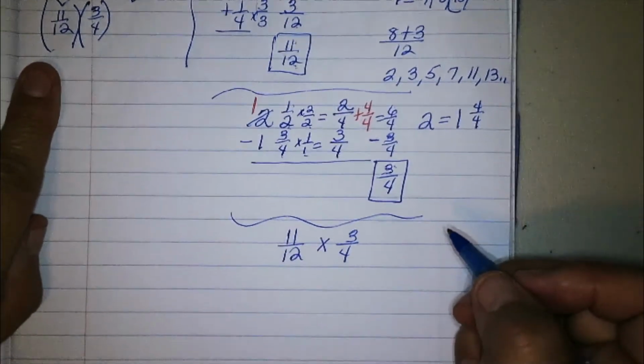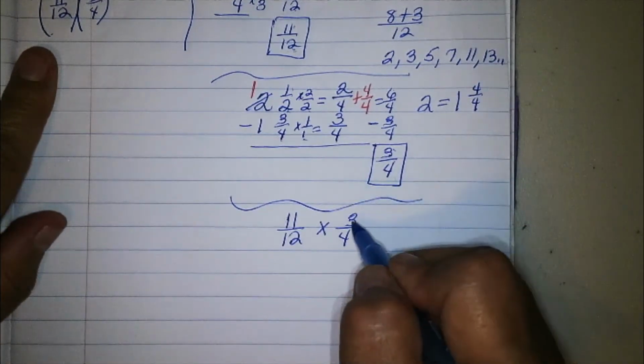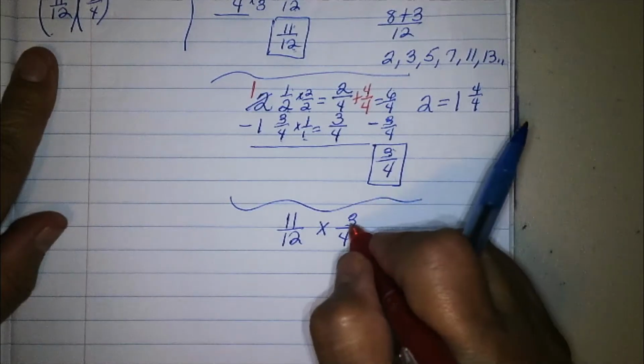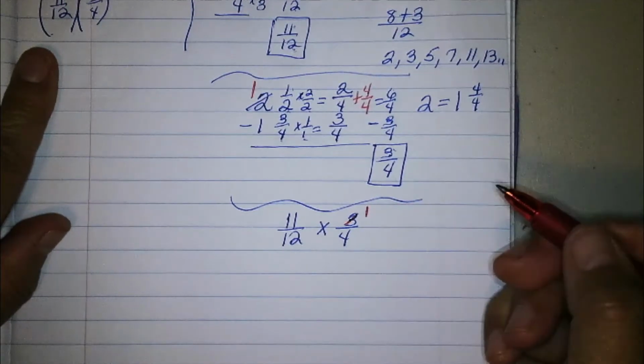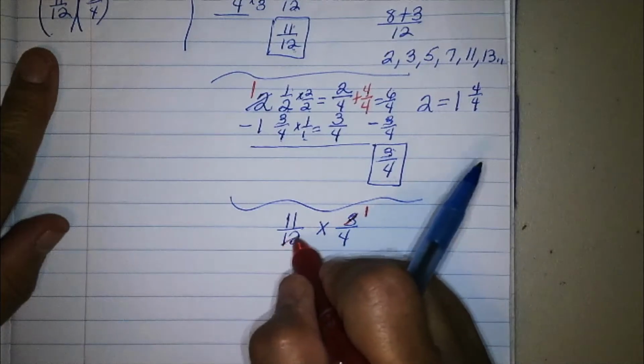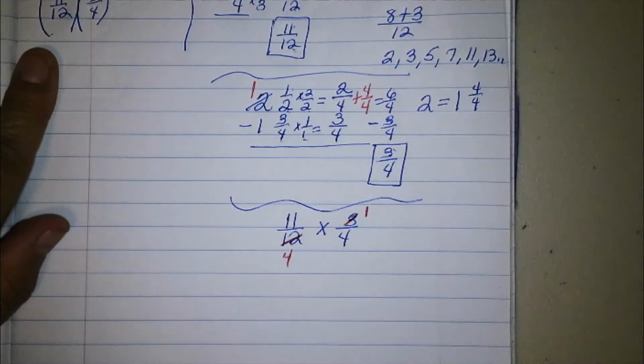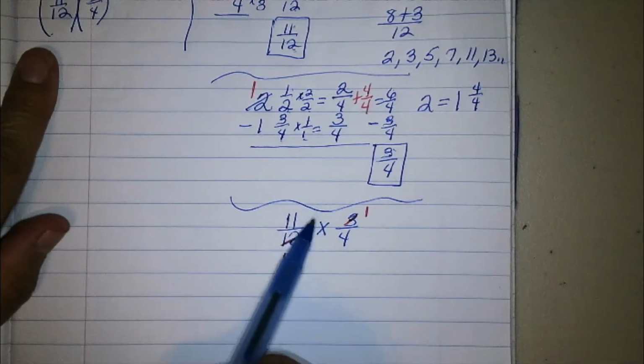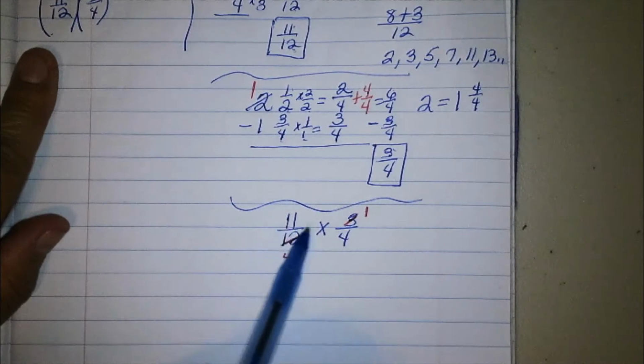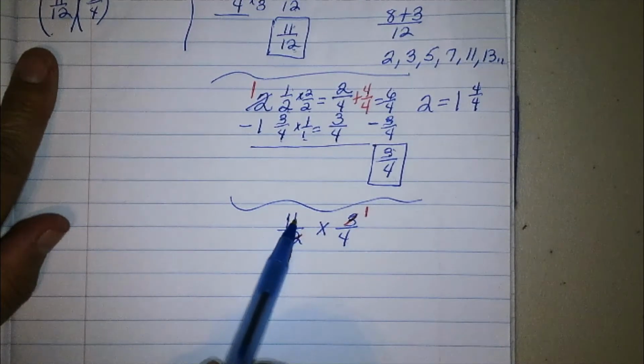I do notice that I'm able to cancel 3 into 12, so 3 goes into itself 1 time, and 3 goes into 12 4 times. I try that with the 4 and the 11.